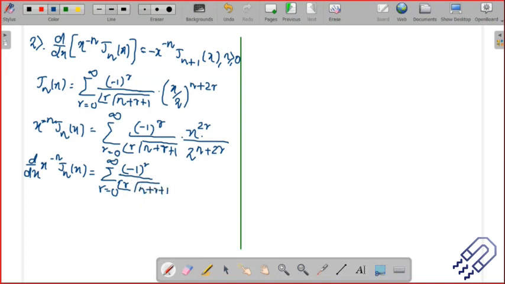This is x to the power 2r, so the d/dx of this will be nothing but 2r into x to the power 2r minus 1, divided by 2 to the power n plus 2r. Keep working on this. Summation r is equal to 0 to infinity minus 1 to the power r divided by factorial r.